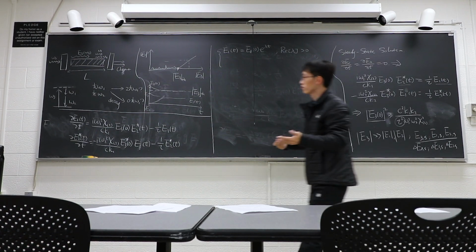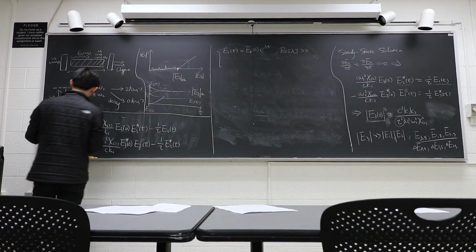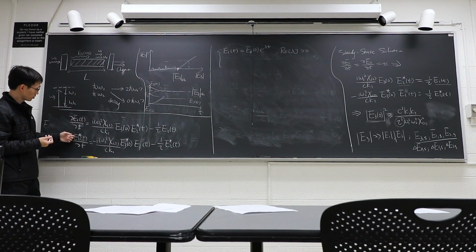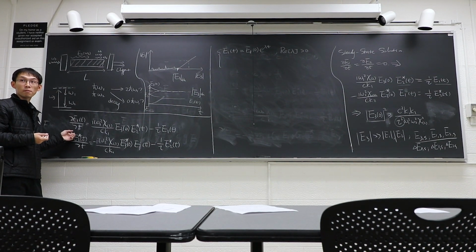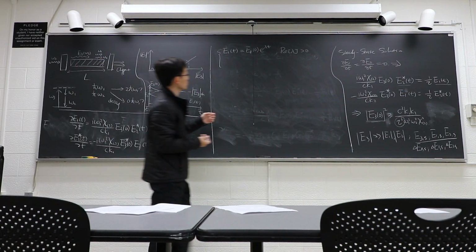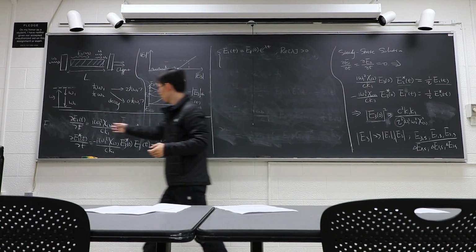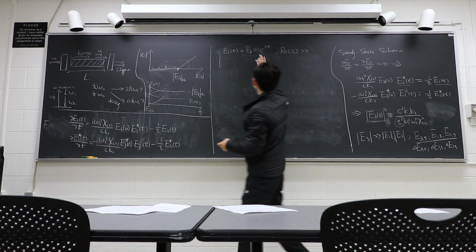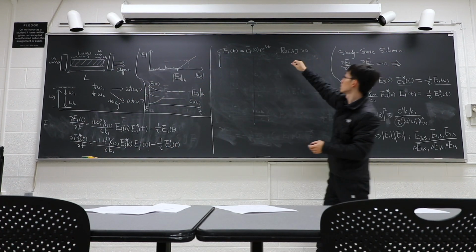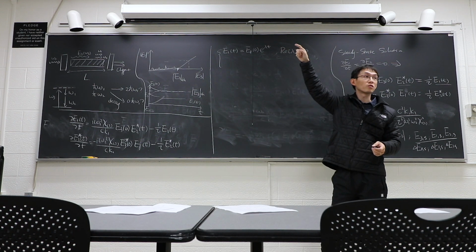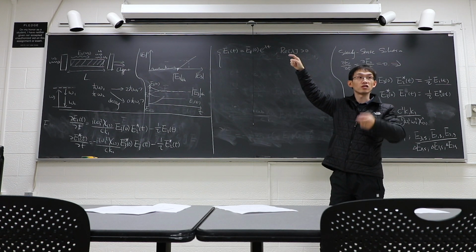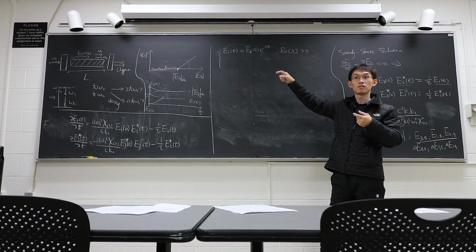Again, you might have a question: here we say E1 and E2 are complex numbers, so how would that fit in here? The idea is lambda here is a complex number as well, so your phase change is also included.